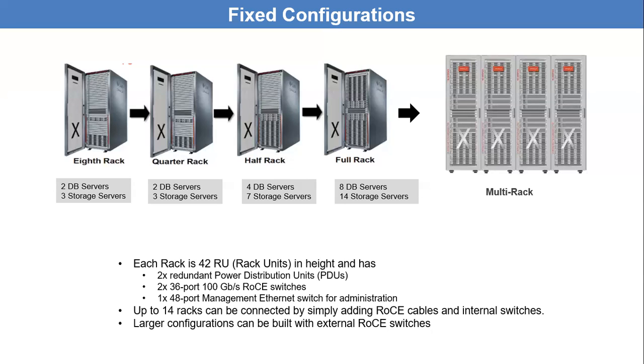Similarly, for example, let us say quarter rack comes with 1 petabyte of storage. 8th rack will have half of that, half petabyte. So the difference is in terms of the actual capacity. But in terms of servers, both will come with two database servers, three storage servers.